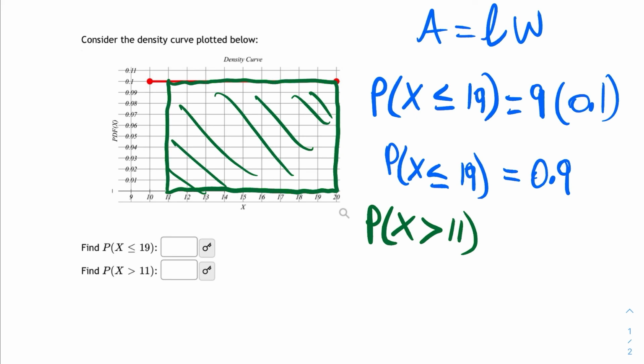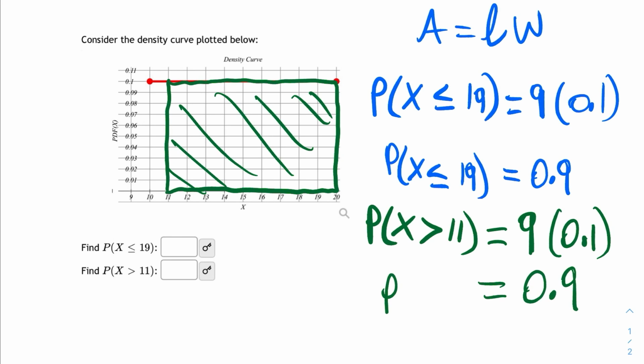That's also 9. And the width, which is the height from top to bottom, is still 0.1. So it turns out that this is also 90%. So the probability that x is greater than 11 is 90% also.